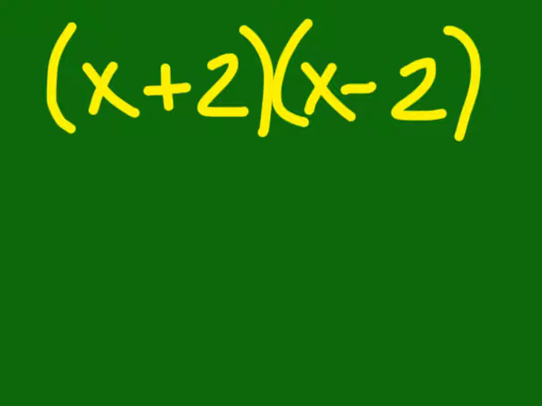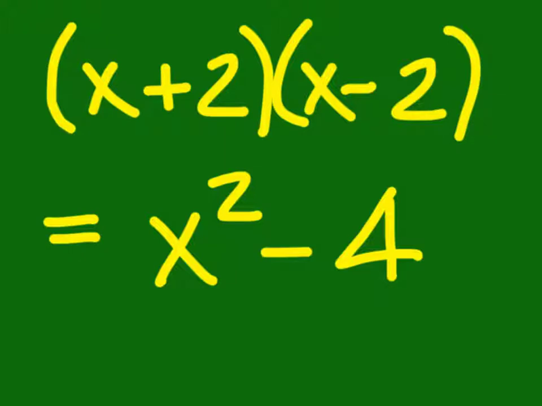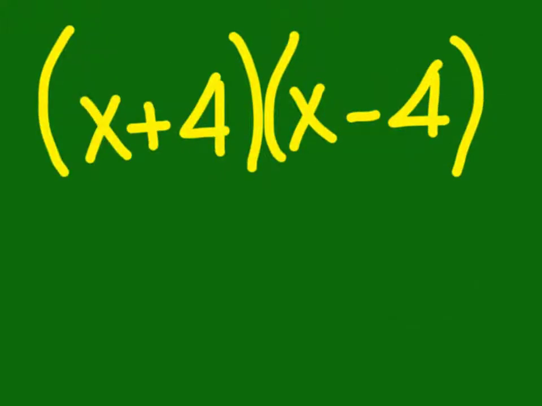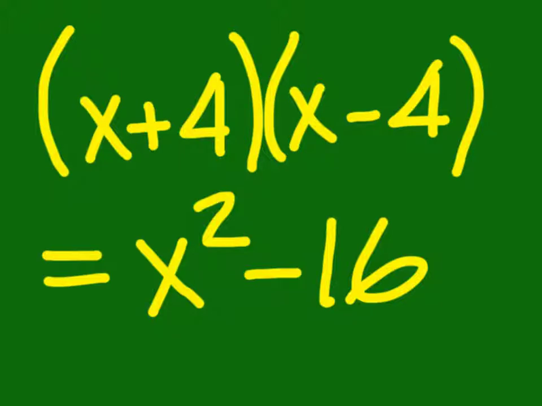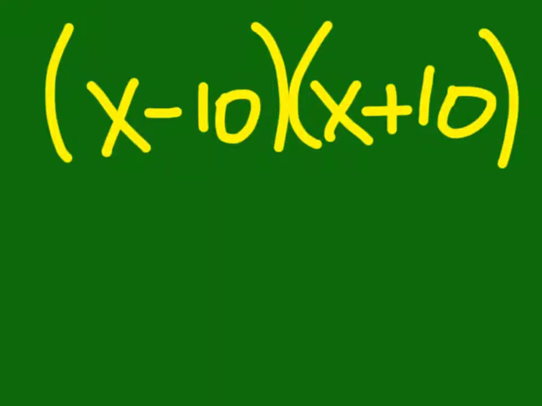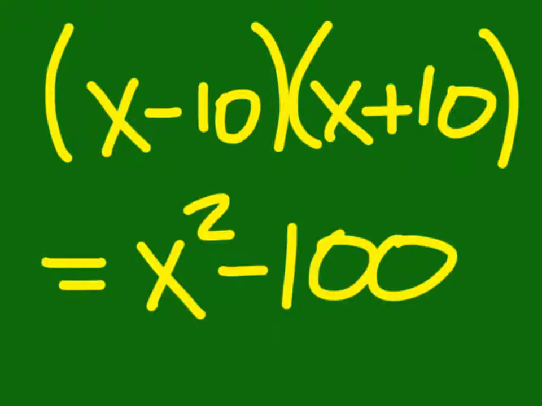X squared minus 4, right? If I had x plus 4 and x minus 4, what would the answer be? X squared minus 16. If I had x minus 10 and x plus 10, what's the answer? X squared minus 100.